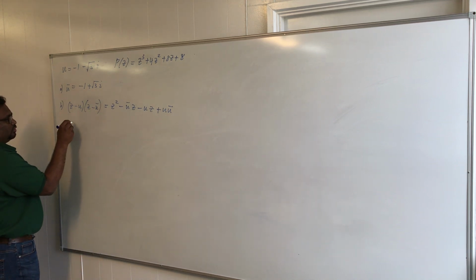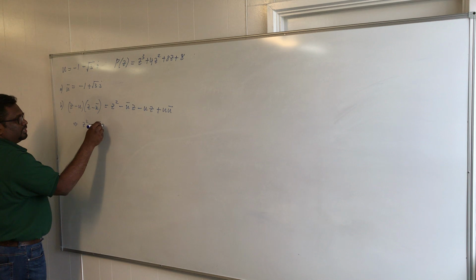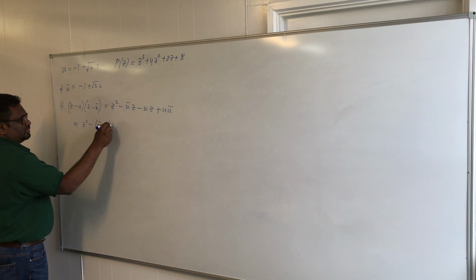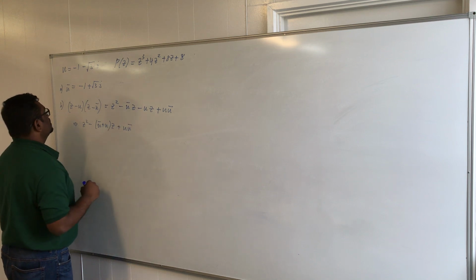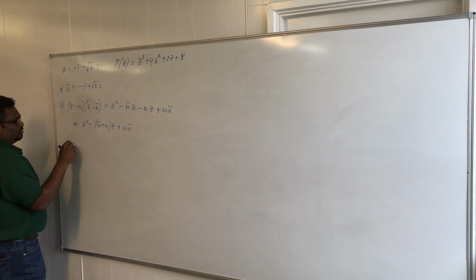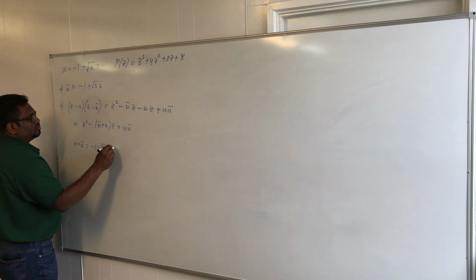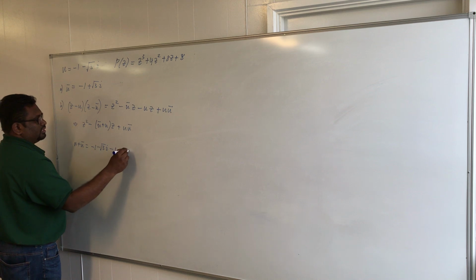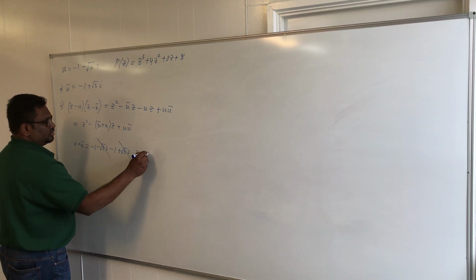So this is going to be z squared minus, right? So u bar plus u gives minus 2.